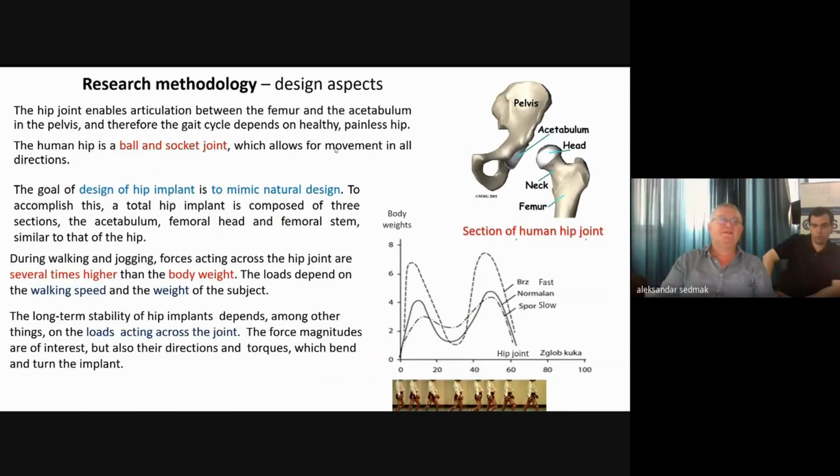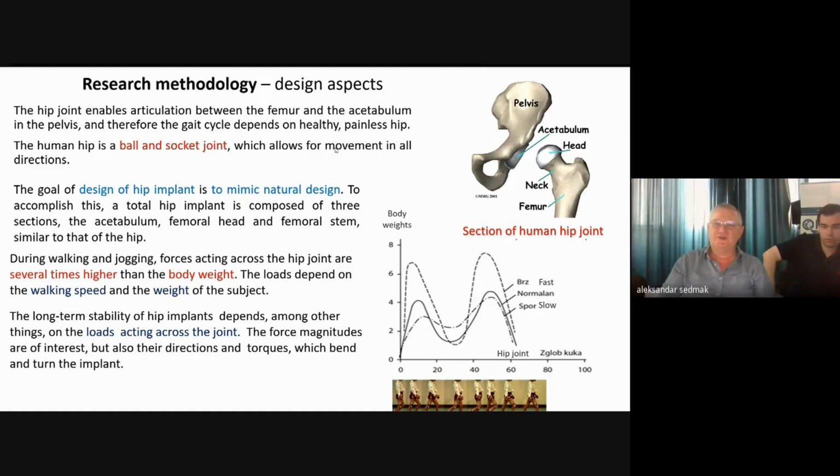And a couple of slides regarding research methodology. We surely start from design aspects. You can see in this scheme the forces that are acting and how they change in a cycle of walking. And you can also see that intensity very much depends on the type of walking.